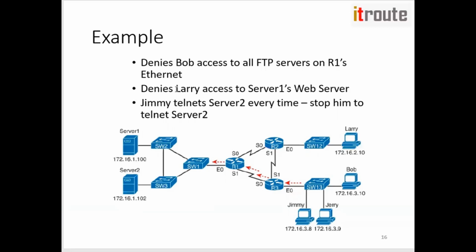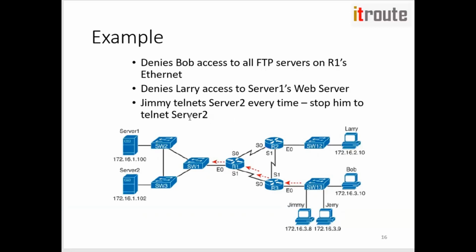Now, the second one: deny Larry access. Larry is the source. Access to server 1, which is the destination, and web server. Web server is always running on port number 80. Next, Jimmy telnets to server 2 every time, and you want to stop him.